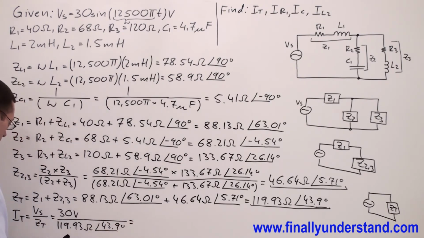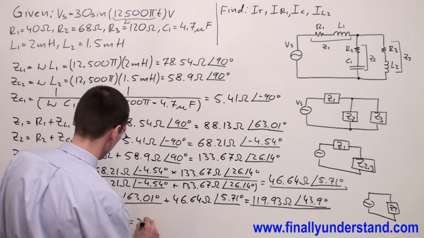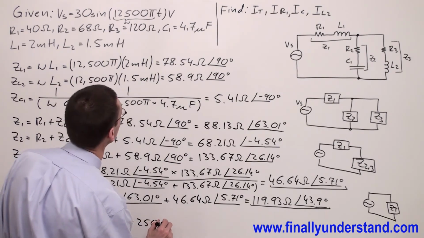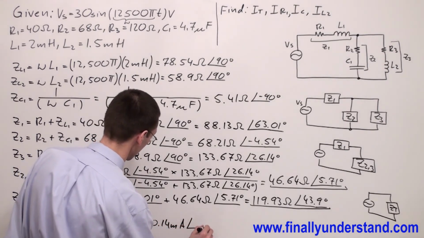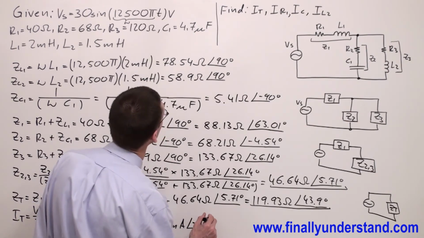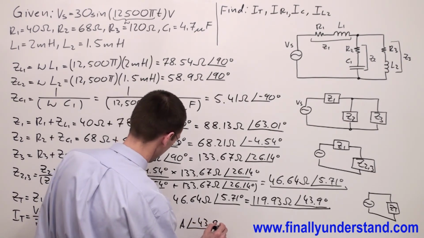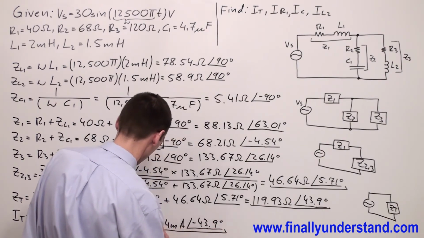This is equal to 250.14 milliamps and angle of negative 43.9 degrees. This is my I total.